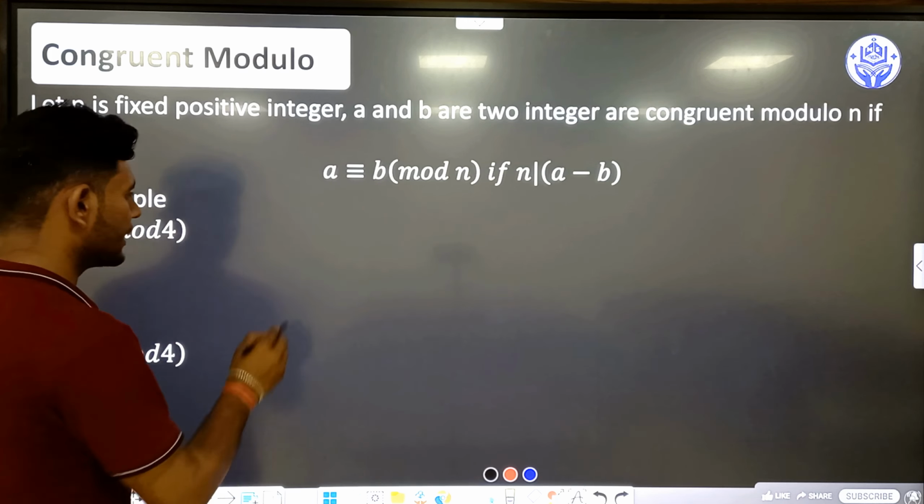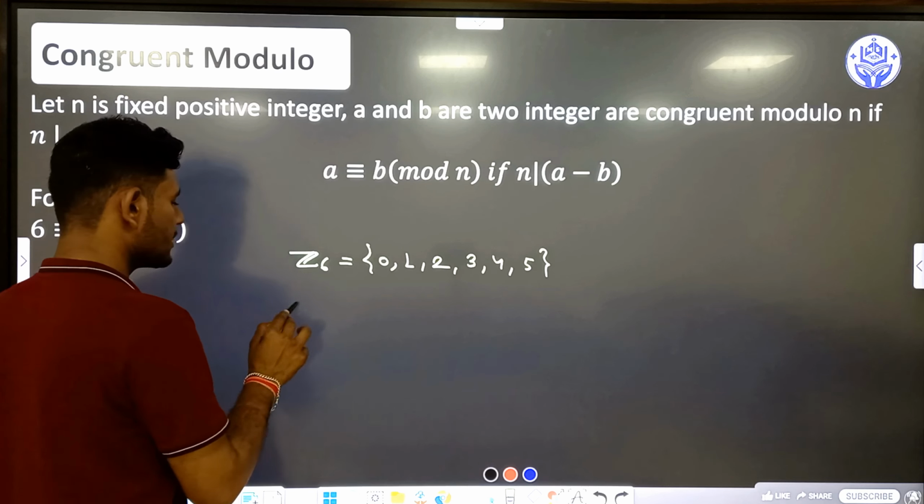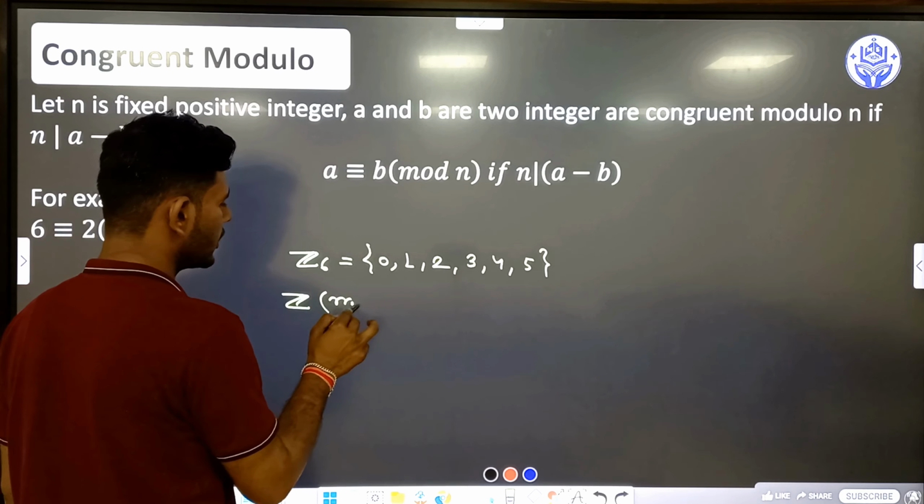Let's say I take the integers Z, a set in which the elements are 0, 1, 2, 3, 4 and 5. Why only this many elements? What about 6, 7, 8, 9, 10? So modulo means this is nothing but Z mod 6.